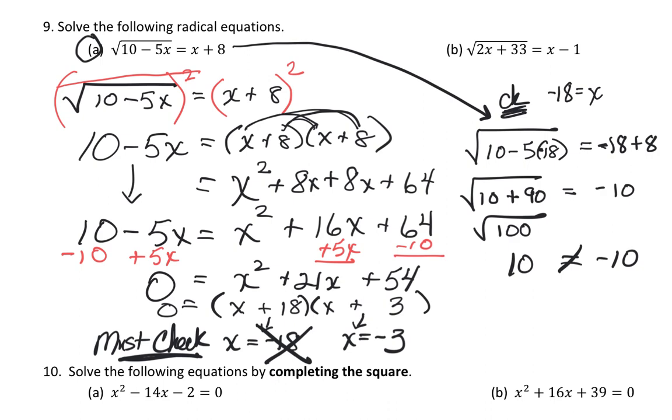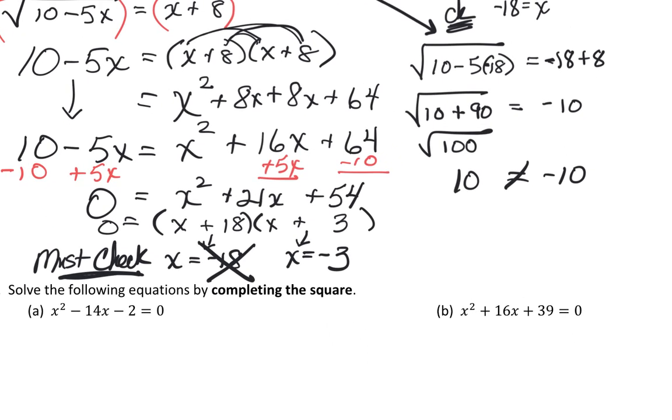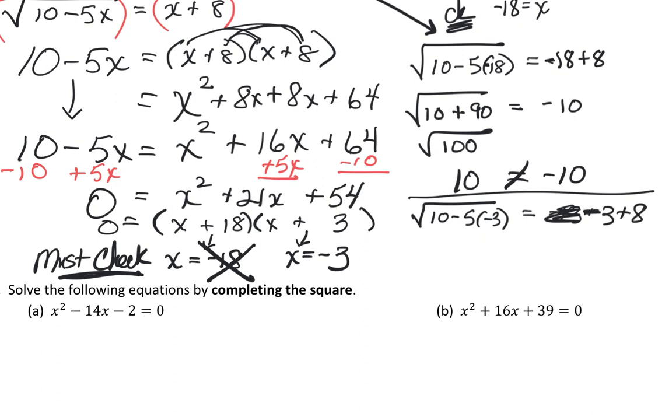So if we check negative 3, it should work. Kind of running out of room, I'll put it right here. Let's plug it in again to the same problem. Negative 3 plus 8.